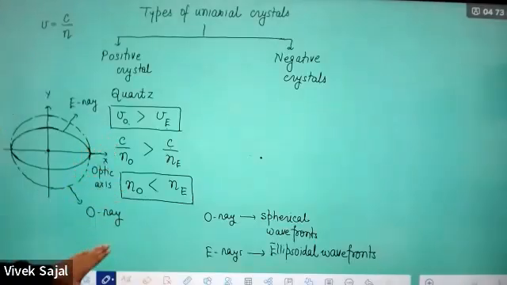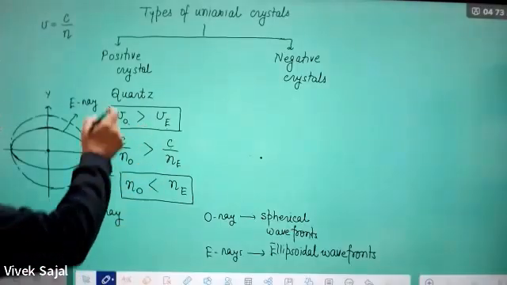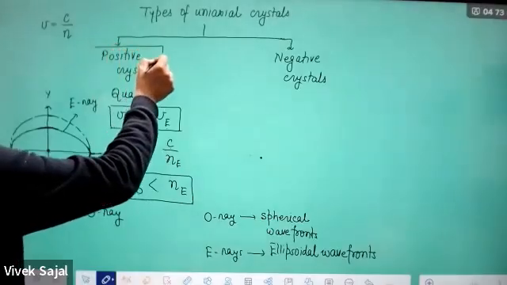So this type of crystals, where the speed of ordinary light is greater than the speed of extraordinary light, are known as positive crystals. The best example is quartz.